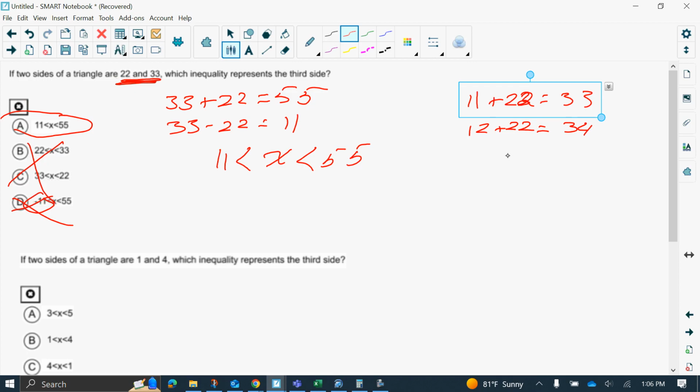If I did 55, well, then the two smaller sides would be 22 and 33, and that is 55. 55 is not bigger than 55. But if I choose 54, well, 55 is bigger than 54. So that's why it's somewhere in between. And so it's choice A.